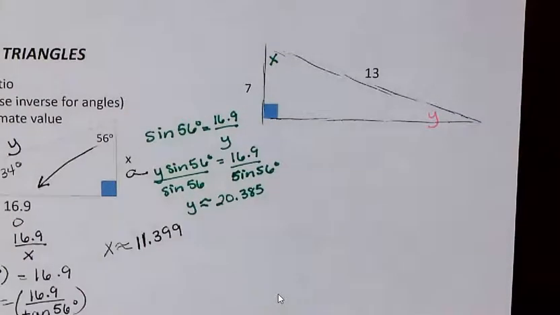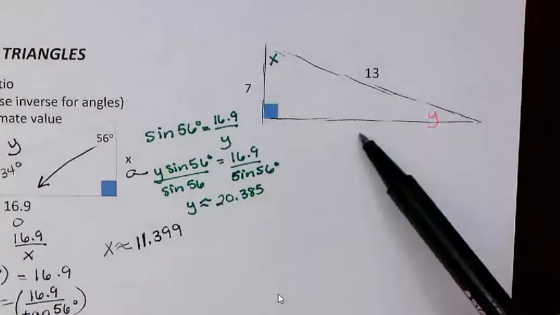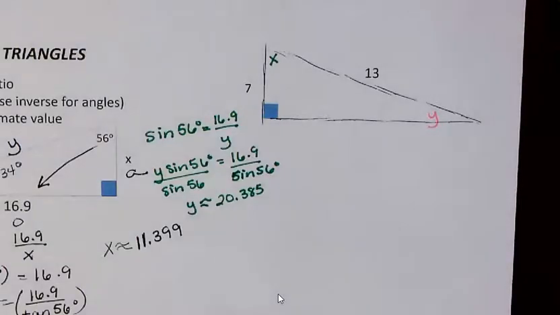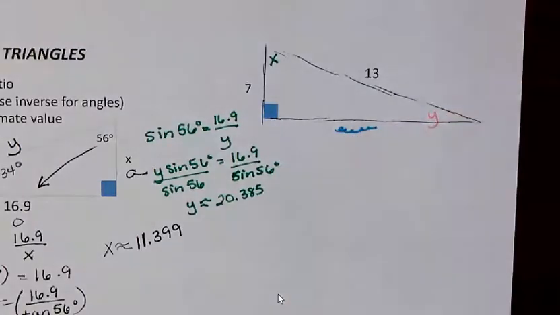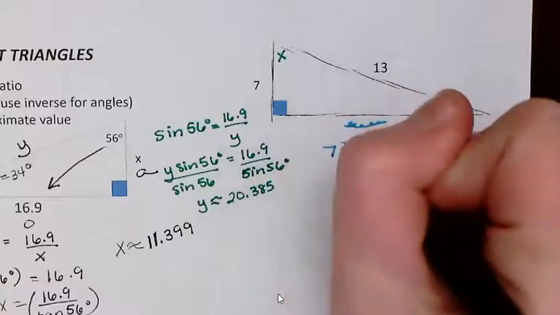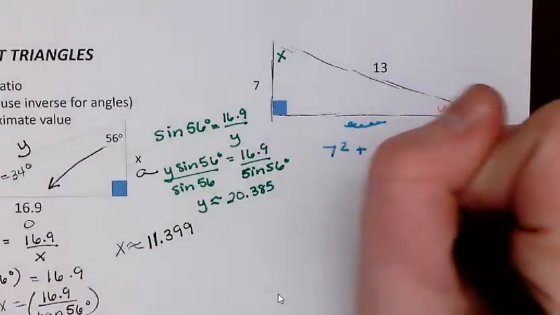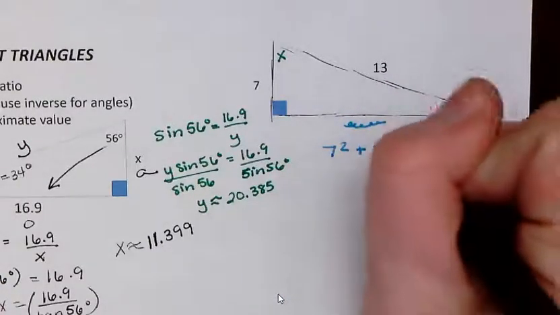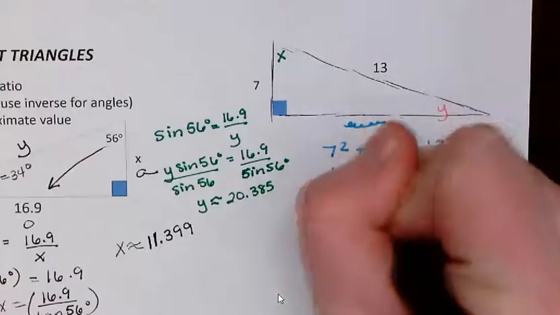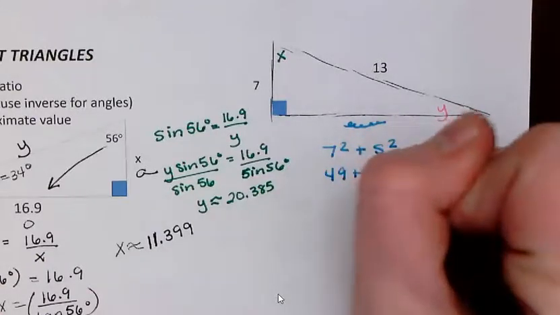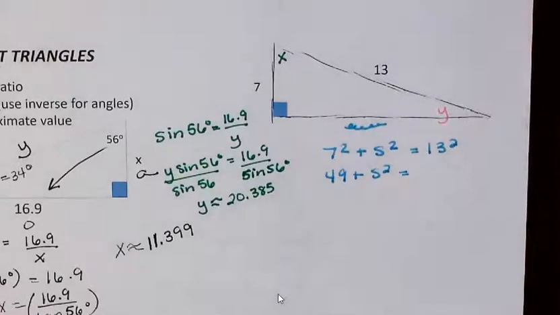So what I'm going to do is, in order to find this missing side here, that I'm going to mark in blue, I'm going to do Pythagorean theorem because I know two of the three sides. Okay, two of the three sides is awesome, so then I would do 7 squared plus, not use x, but I'm going to use s for side, equals 13 squared. 49 plus s squared equals 169.